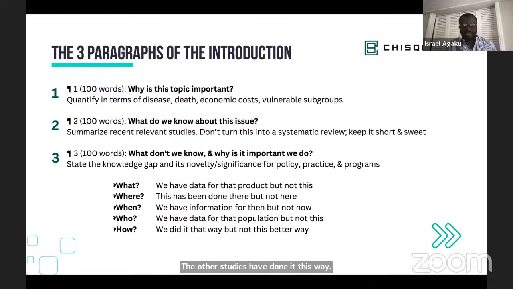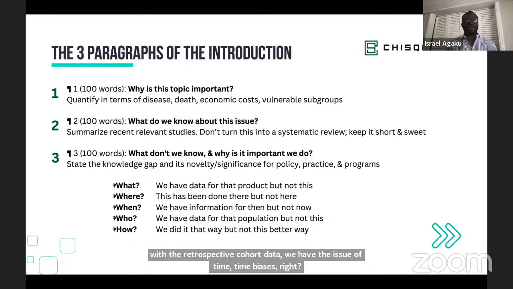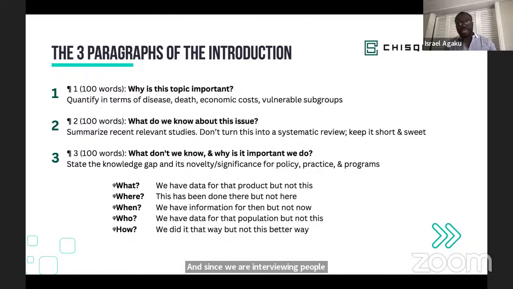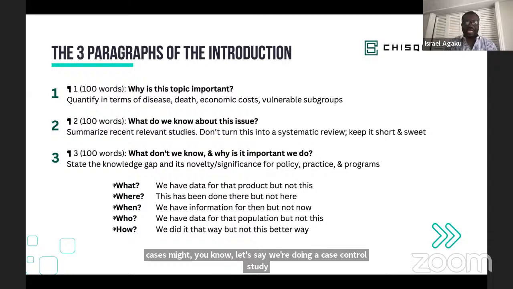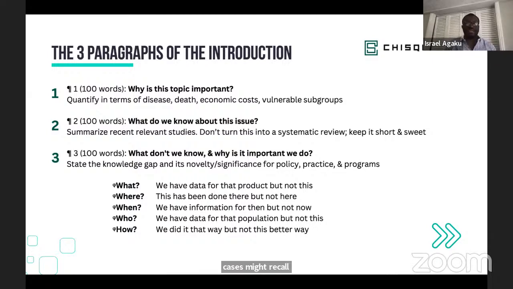The design, while valuable, has inherent limitations. For example, with retrospective cohort data, we have the issue of time biases, right? And since we are interviewing people, there might be interviewer biases also that come into play, where, let's say we're doing a case control study, cases might recall issues more than controls because they are affected, right?